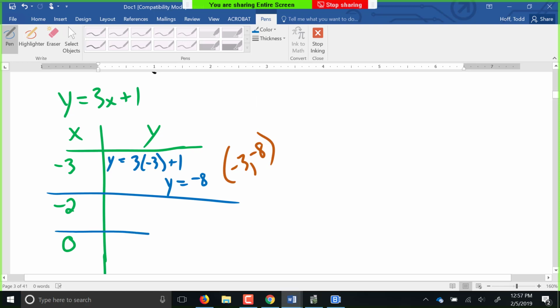If x is negative 2, we do the same thing. I'm not writing the y anymore, but it becomes 3 times negative 2 plus 1. What's that calculate out to be? Negative 5. Good. So when x is negative 2, y is negative 5. We have another ordered pair.